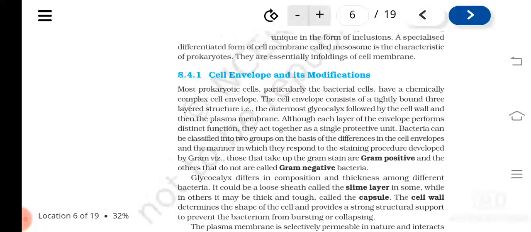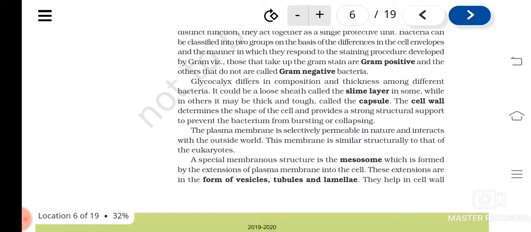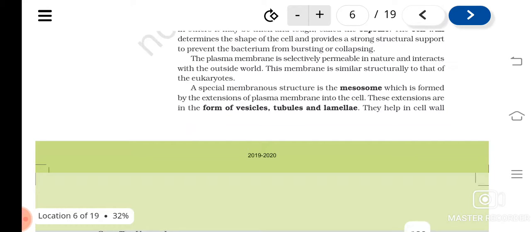It can be a slime layer if it is loose, or it can be tough, and then we call it a capsule. Then comes the cell wall, then comes the plasma membrane. Plasma membrane has some infoldings known as what? Mesosomes, that can be in the form of vesicles, tubules or lamellae, isn't it?